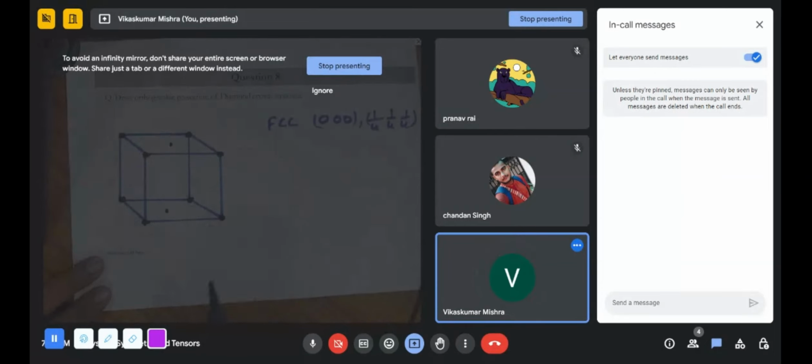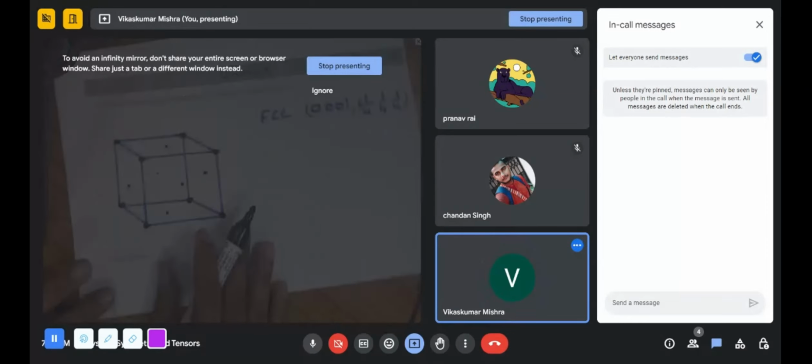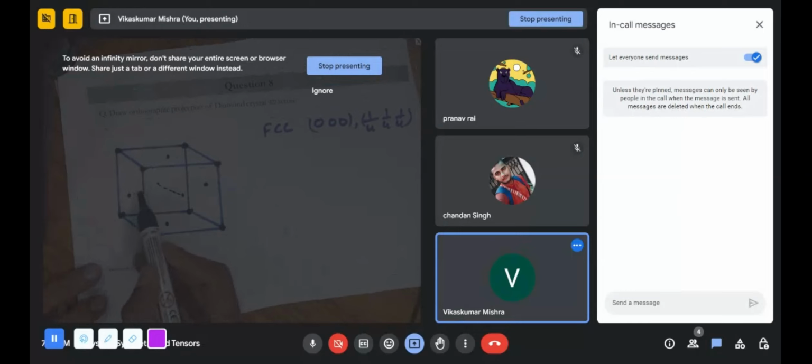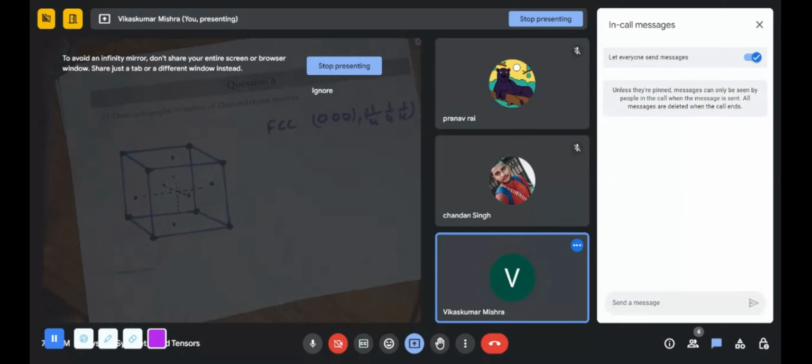Top and bottom face, the parallel side faces, and the parallel front and back faces. This is how it is.